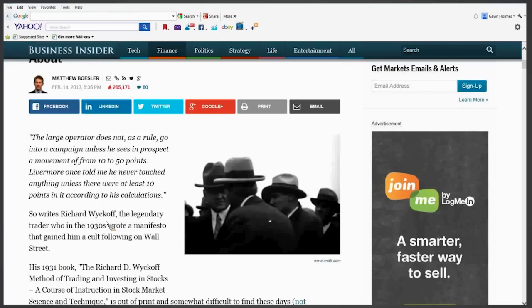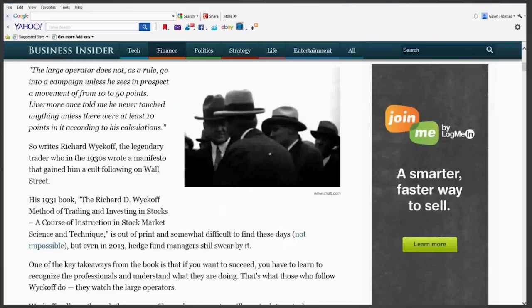So writes Richard Wyckoff, the legendary trader who in the 1930s wrote a manifesto that gained him a cult following on Wall Street. His 1931 book, The Richard D. Wyckoff Method of Trading and Investing in Stocks, a course of instruction in stock market science and technique, is out of print and somewhat difficult to find these days, but not impossible.